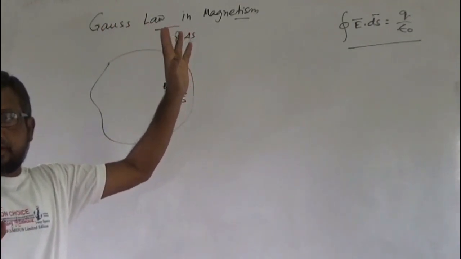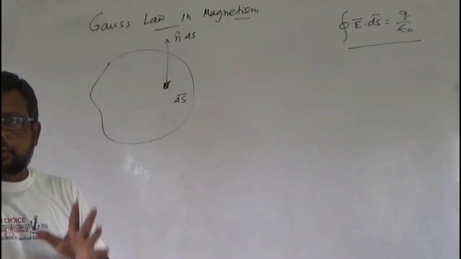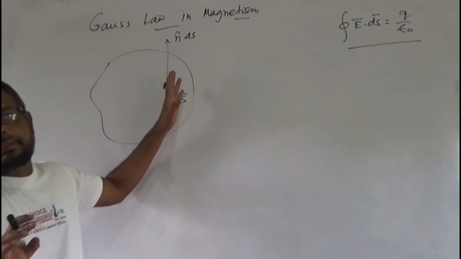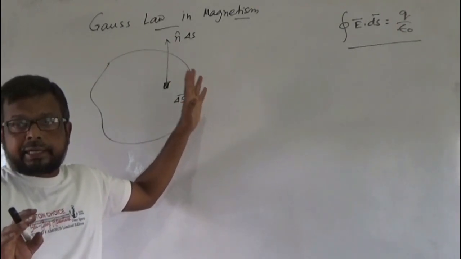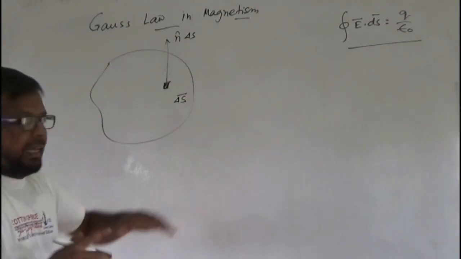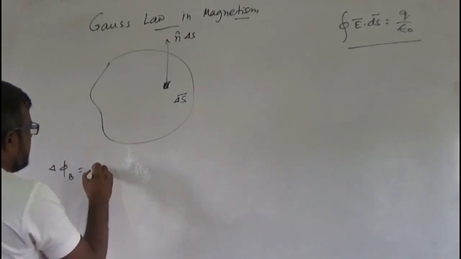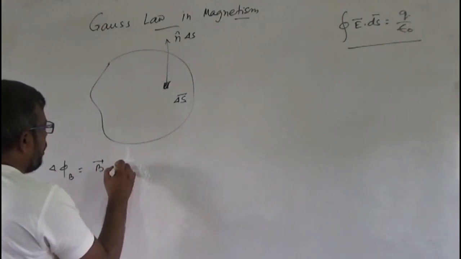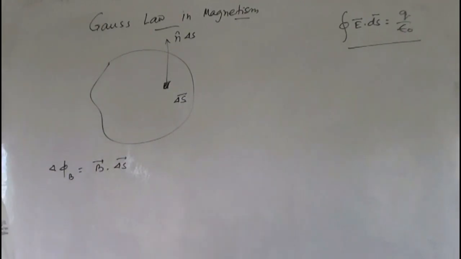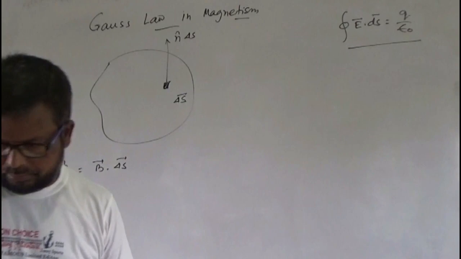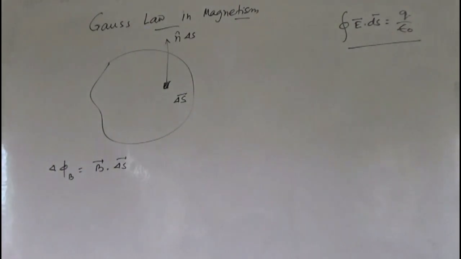Now, the magnetic flux through this delta S is defined as delta phi B is equal to B dot delta S. We already know this type of expression from electrostatics.